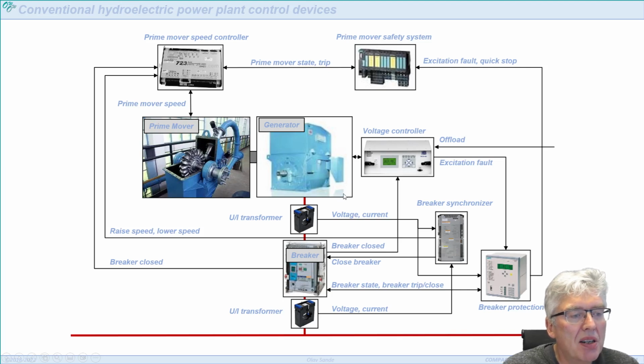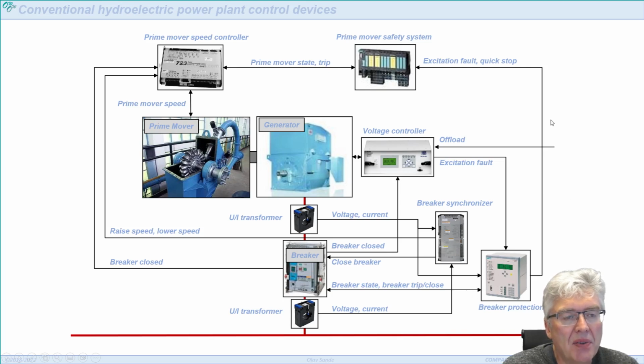Prime mover turbine, we have a generator, which is controlled by a voltage controller, controlling the voltage through excitation. And we have a safety system for the prime mover to protect the turbine. We have a generator breaker with transformers and measurements, and then we have a synchronizer, and a breaker protection device too.